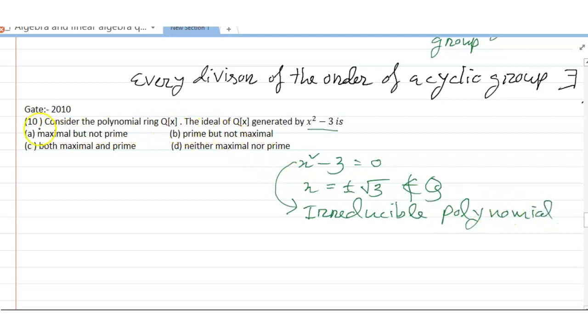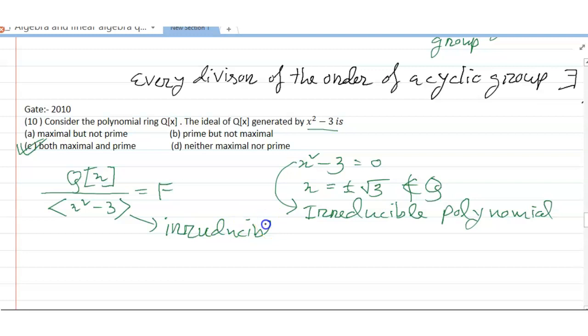So it is both maximal and prime, because Q[x] modulo x square minus 3 is a field, because the polynomial is irreducible over Q. Field means this ideal is maximal, and every maximal ideal is a prime ideal.